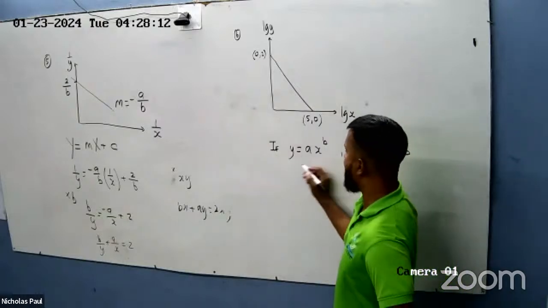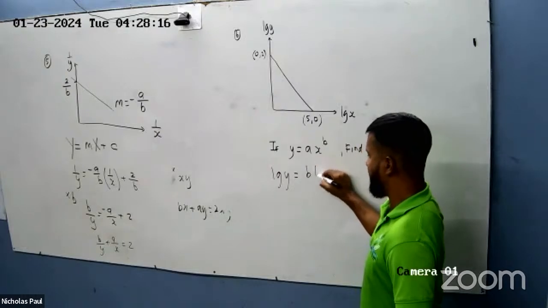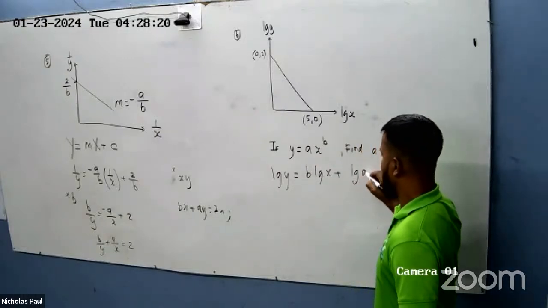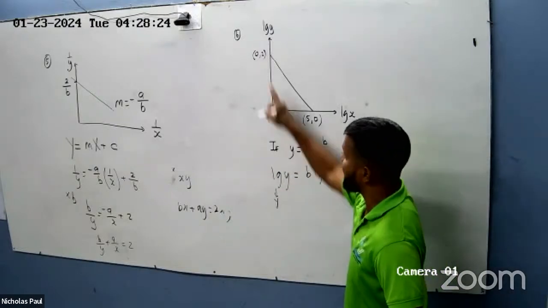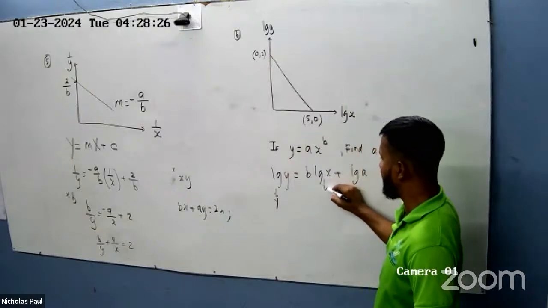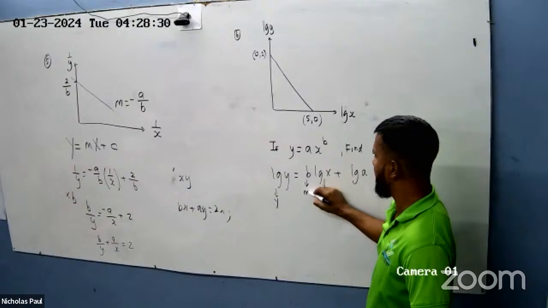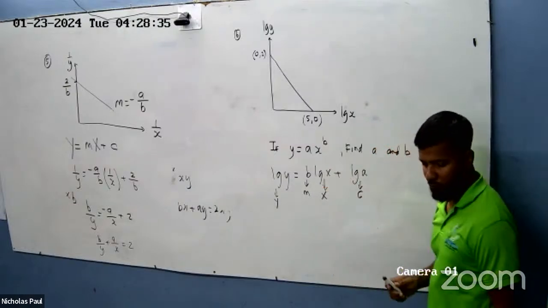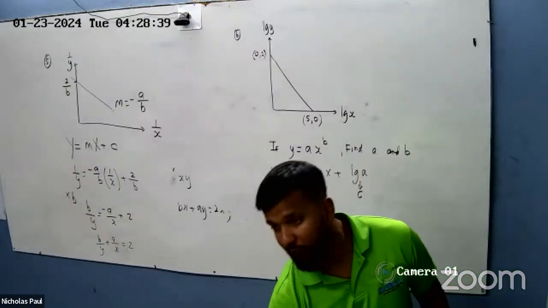I hope you remember when you linearize this, you got log y equals b log x plus log a. This was your y, as you can see there. This was the x, so the gradient is b, and the y-intercept is log a. Take 2 minutes again.